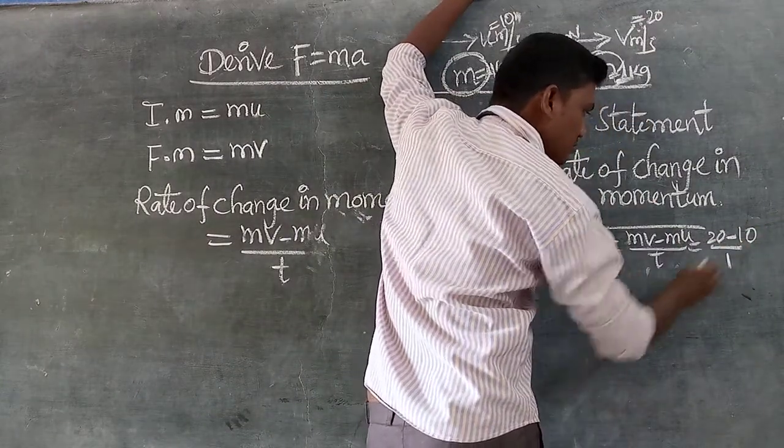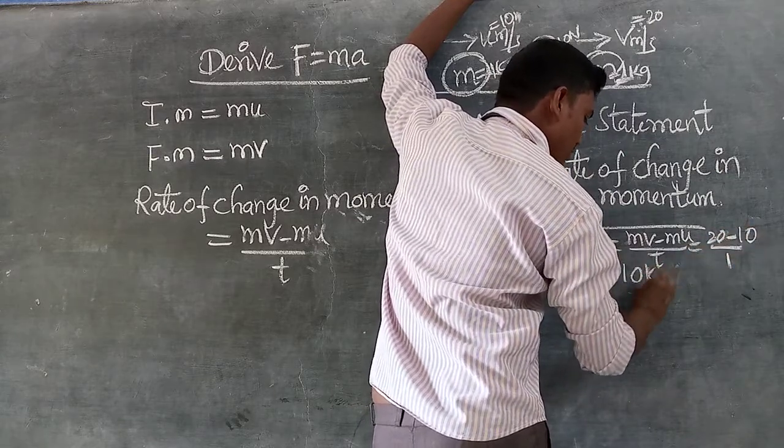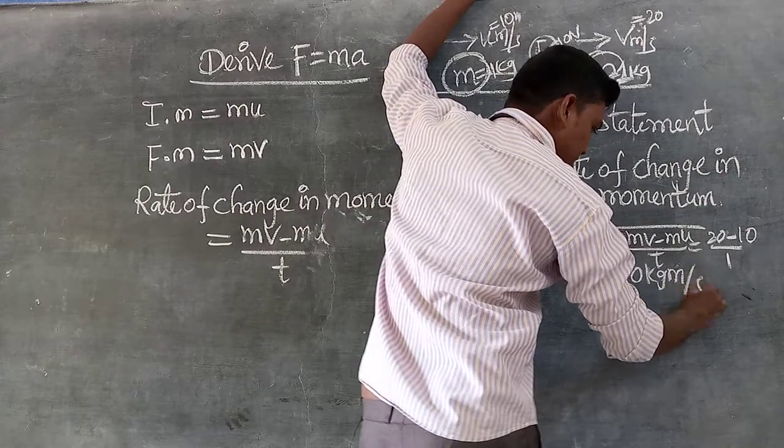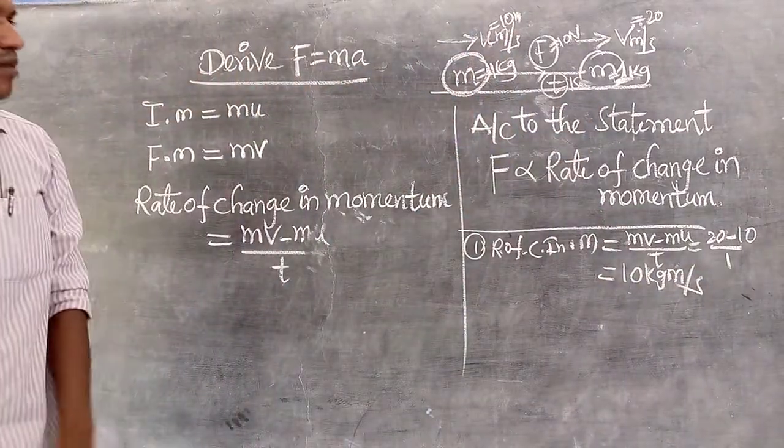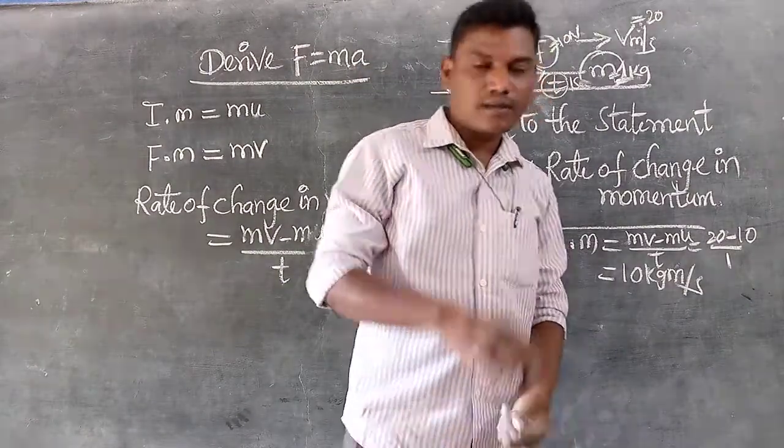That is equal to 20 minus 10, 10 upon 1, 10 kilogram meter per second. How much momentum is changed? 10 kilogram meter per second.